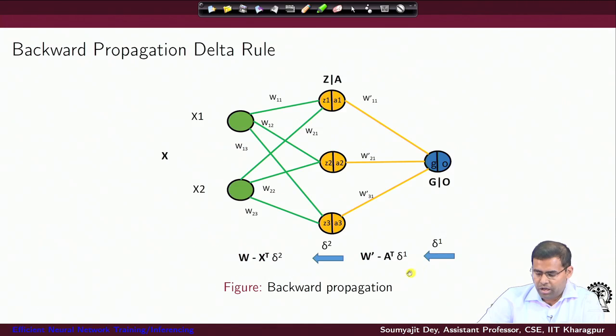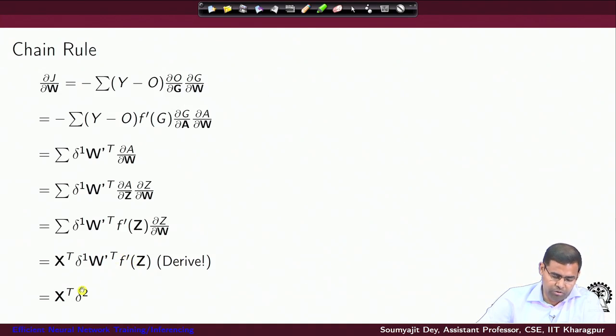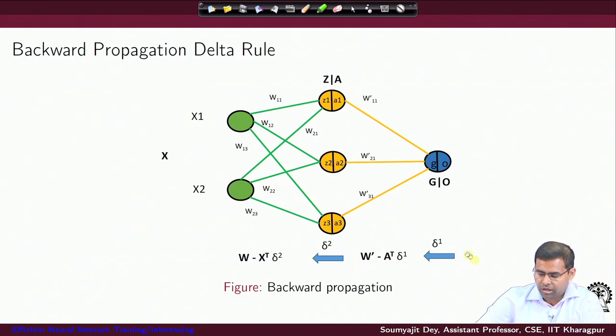You have an original W prime, you have to subtract A transpose delta 1. First you compute delta 1 after the feed forward propagation, and then you readjust W prime with this relation. After that you also compute delta 2, because as you can see, the computation of delta 2 clearly depends on delta 1. That is why we have a sequence here. After delta 1 is done, you can re-estimate W prime.